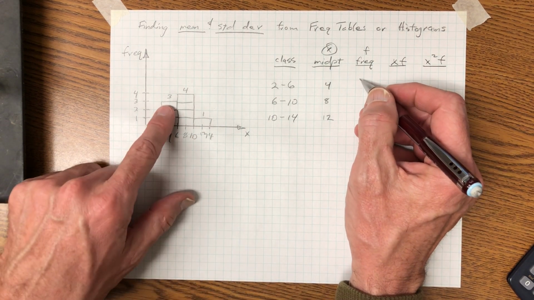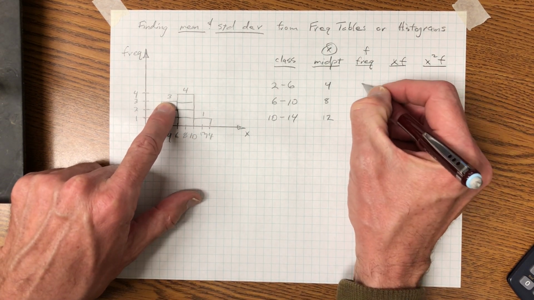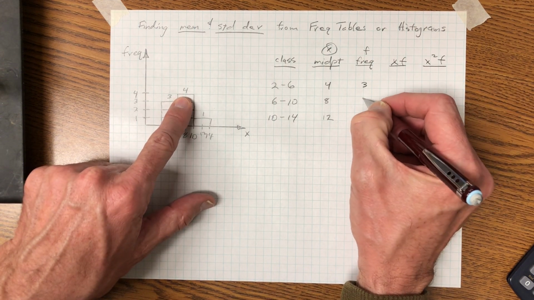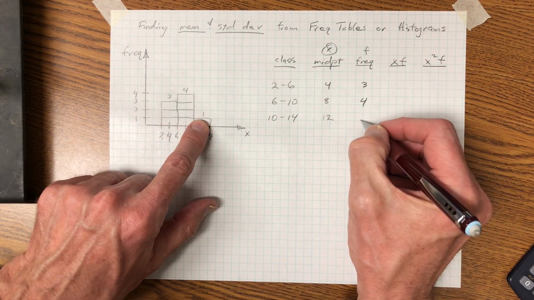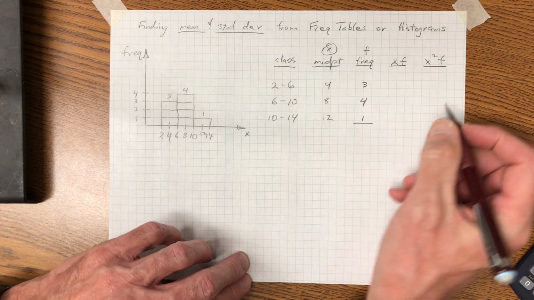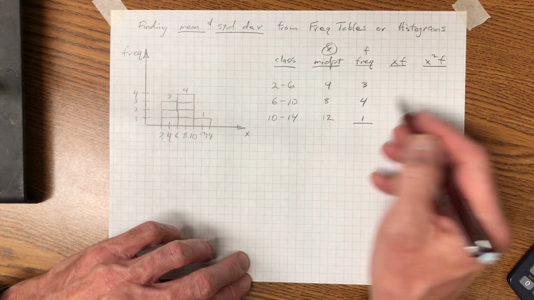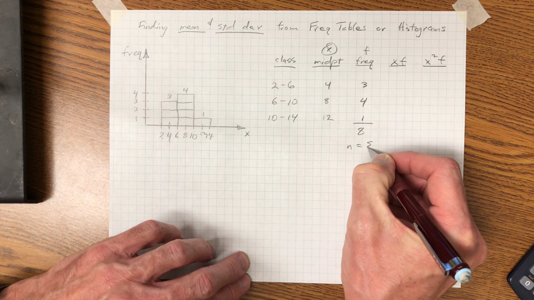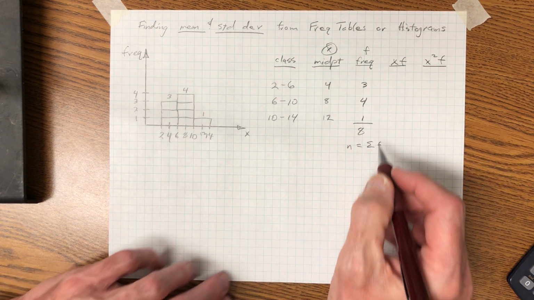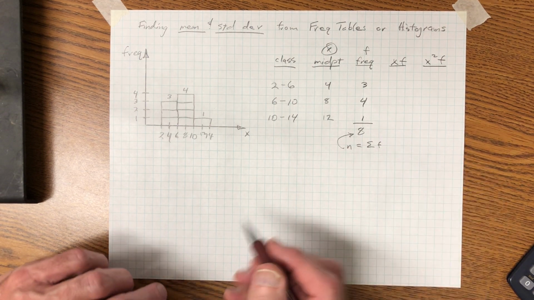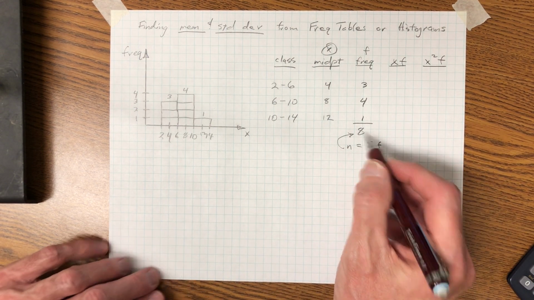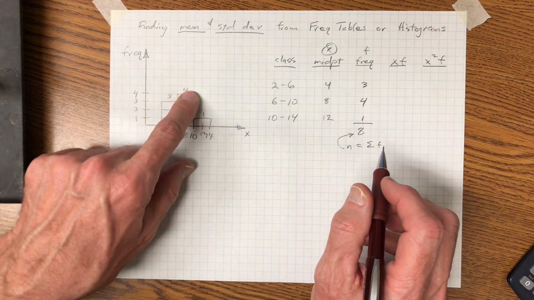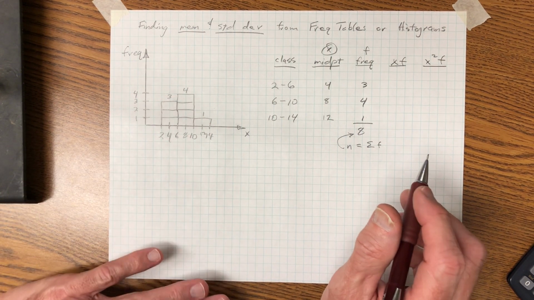Next we do the frequency, so it's going to be 3 in the first class, 4 in the second class, 1 in the last class. And the total there is 3 plus 4 plus 1 is 8. That is n, or the sum of the frequencies is the n. So when we do our formulas and everything, the n we're going to use is 8, because there's 3, 4 is 7, 1 more is 8 things here on our histogram.